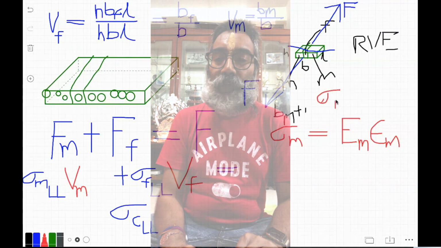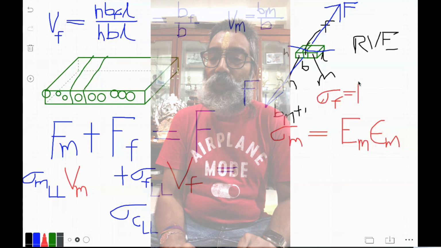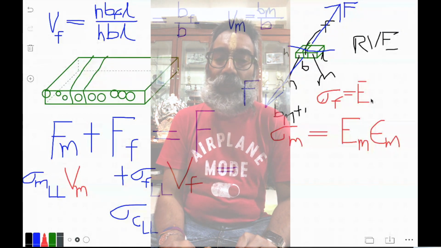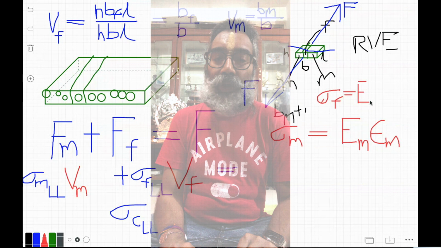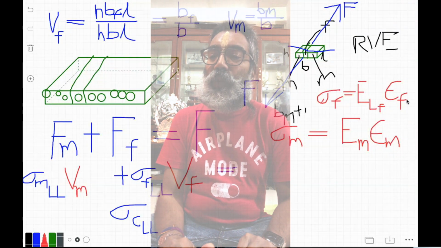Similarly, for the fiber, we would take the stress in the fiber is equal to, now the Young's modulus of the fiber cannot be direction independent, it depends on the particular direction, so we will call it the longitudinal direction, and that is of the fiber, multiplied by the strain in the fiber.